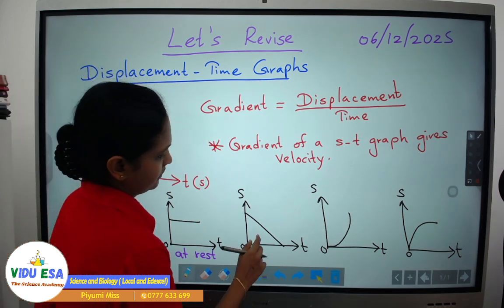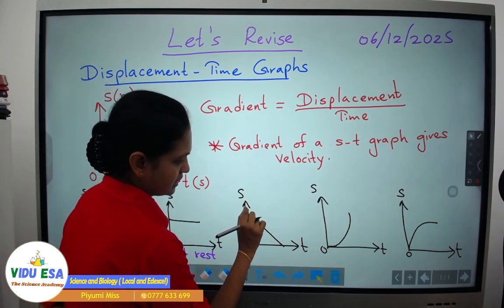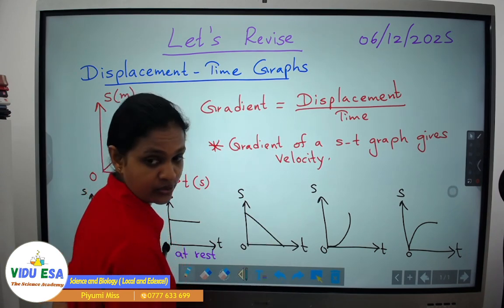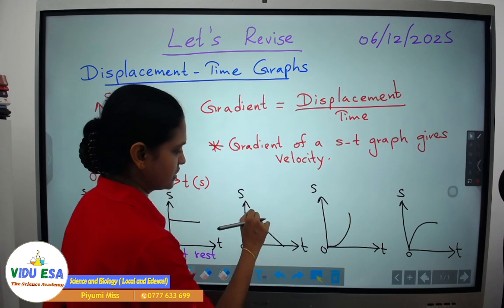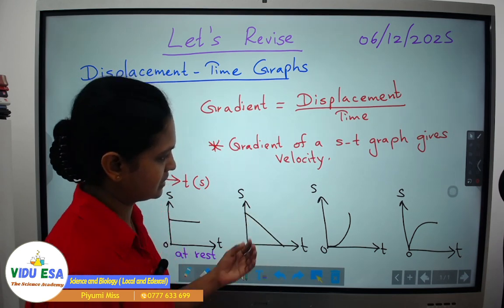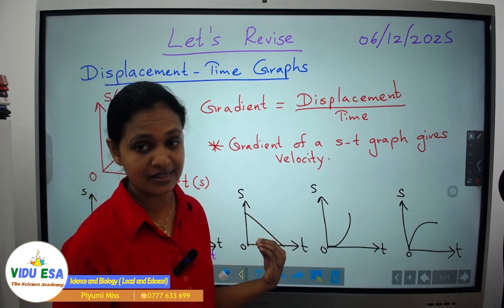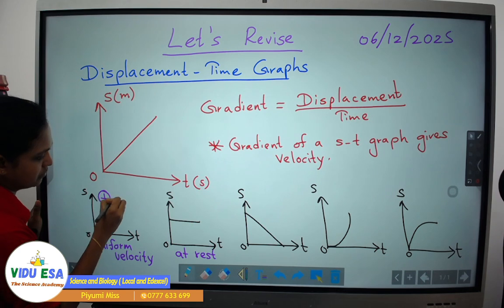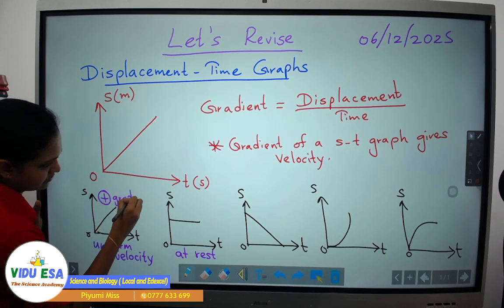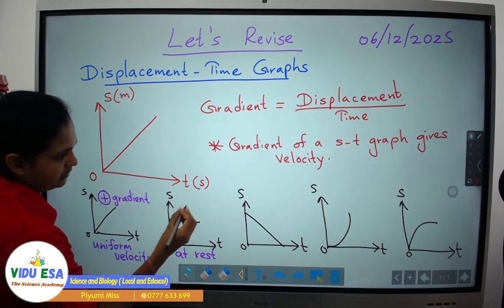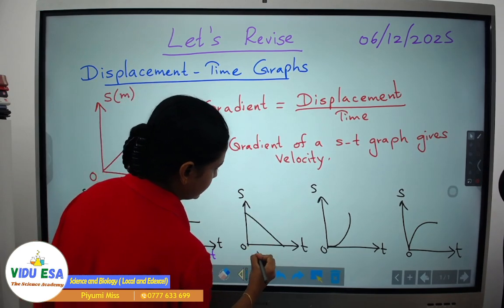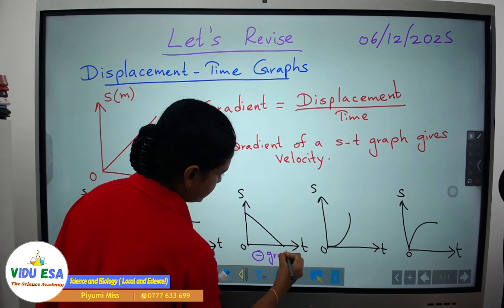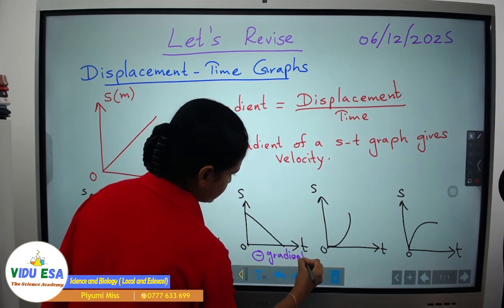Then here, time passes, displacement reduces. That means here there is a negative gradient. Here we have a positive gradient. Right? Here we get a negative gradient.